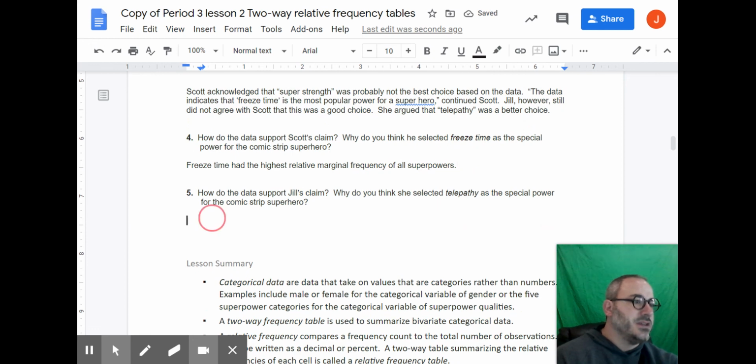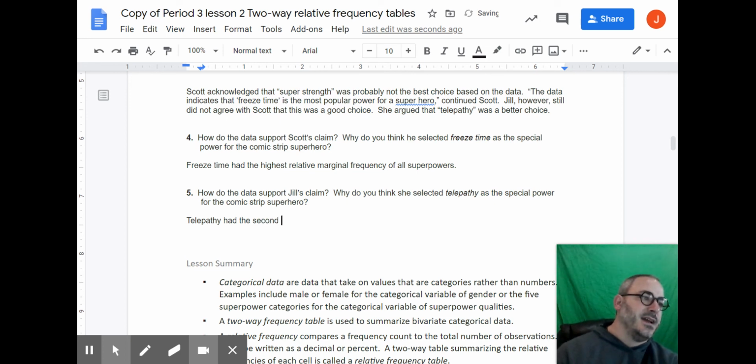How do the data support Jill's claim? Telepathy had the second highest marginal relative frequency, but the highest joint relative frequency among females.